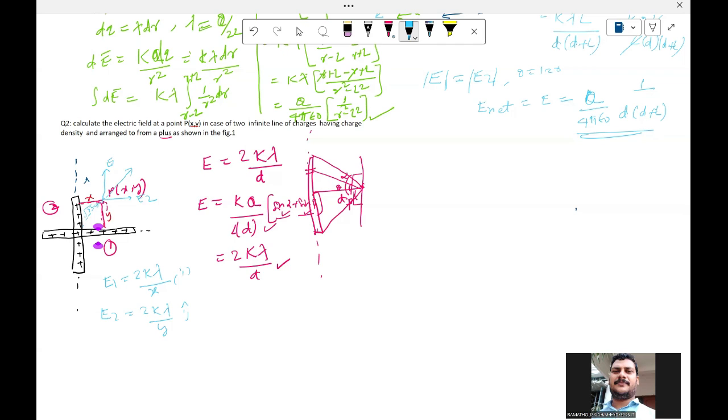However, you can take it, not a problem. But here charge cannot be defined for these points in this distance, so we'll go with this formula only. 2K lambda by x and 2K lambda by y we take for the individual rods. The total electric field E is the vector sum of E1 and E2. That is equal to root over 2K lambda by x whole square plus 2K lambda by y whole square.